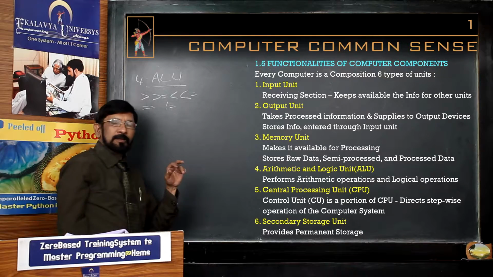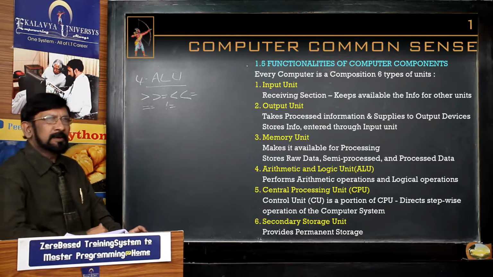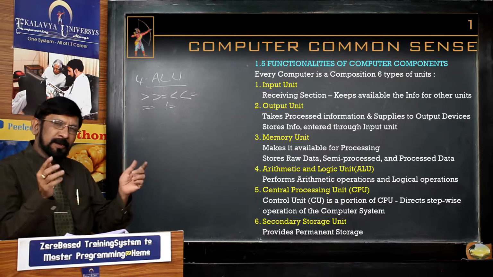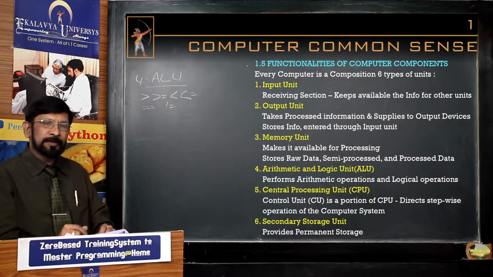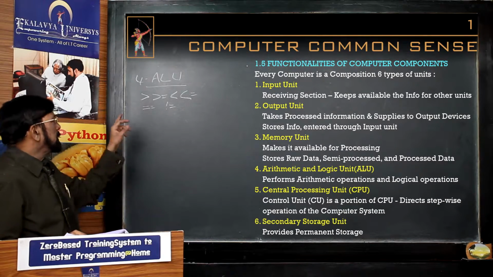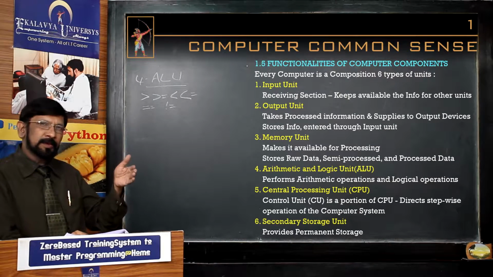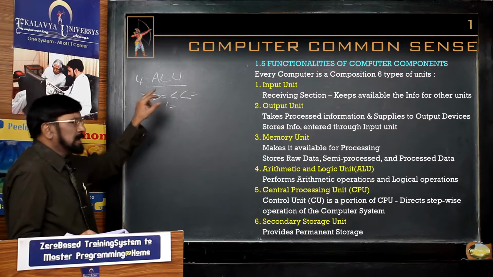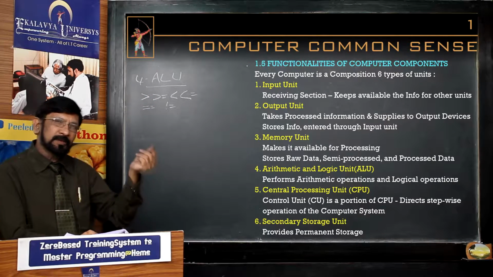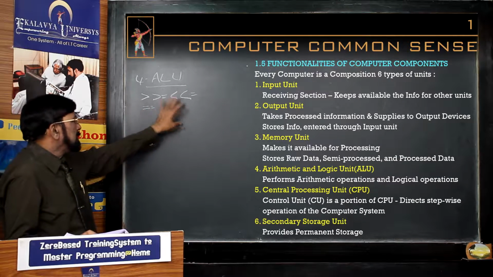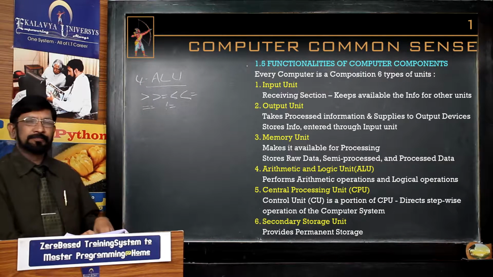In computer science, these are called relational operators. They define the relation between two operands. Suppose we are checking whether A is greater than B or not. A is greater than or equal to B, whether A is either greater or equal to B. Like that, these are the relational operators.